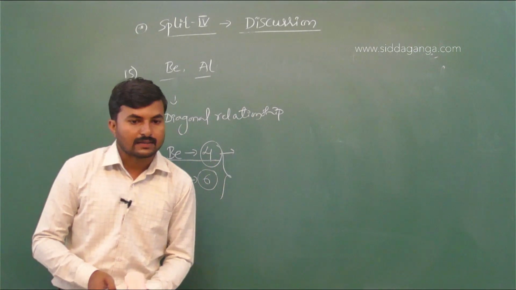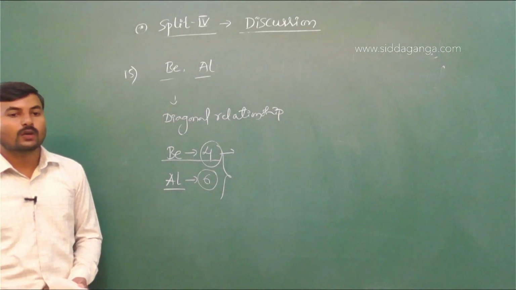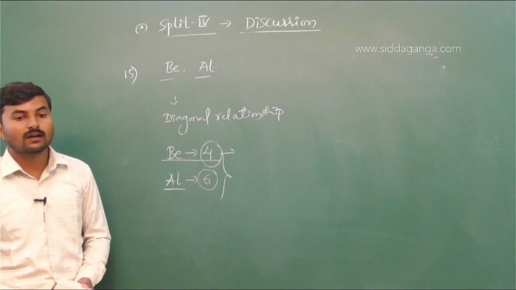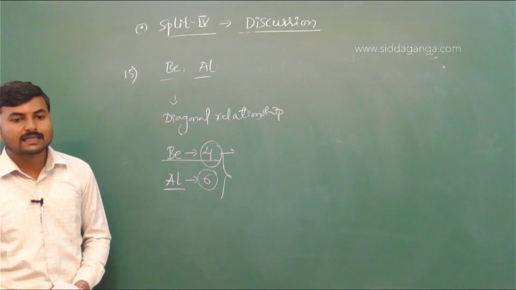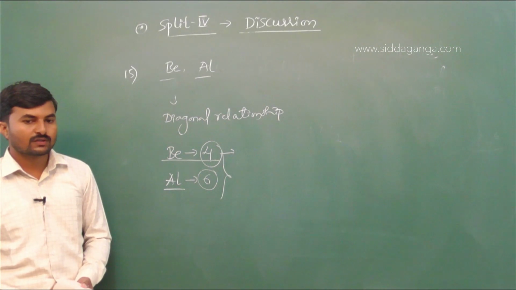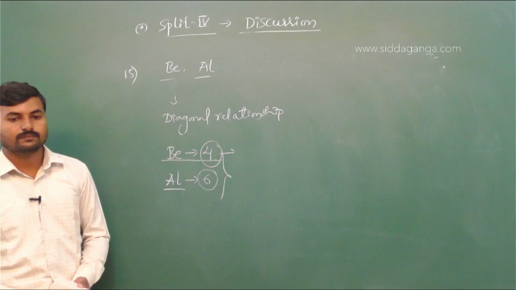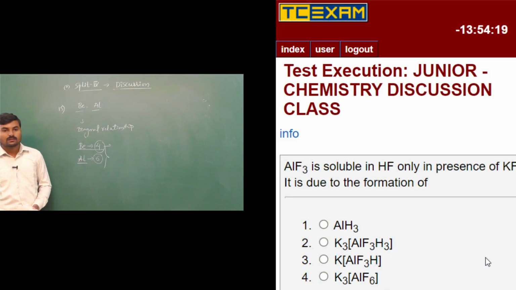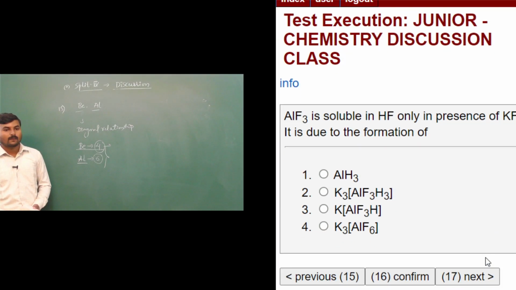Okay, yes. So the correct option for question number 15 is option 4, that is maximum covalency in compounds. Okay, the next question. The question is like this: AlF3 is soluble in HF only in presence of KF.